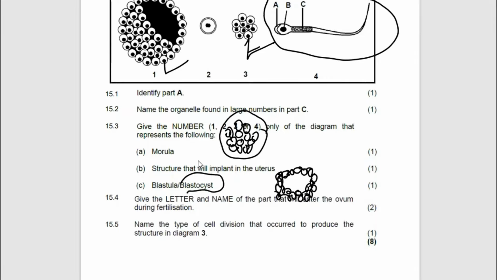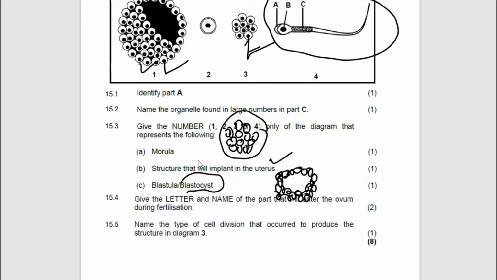And then they're asking for the structure that will implant. The moment you form a blastula, it is going to form finger-like projections, which you call chorionic villi, which are used for implantation. So basically, it's going to be number 1 again.